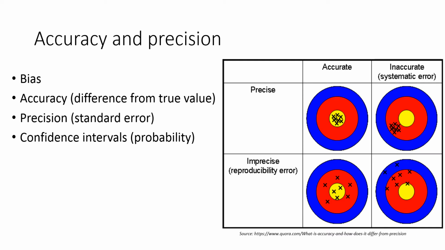So in an ideal world, you have a measure that is both precise and accurate. Here, accuracy is defined as the difference from the true value. In this case, the bullseye is our true value. And precision is how close together your samples are.